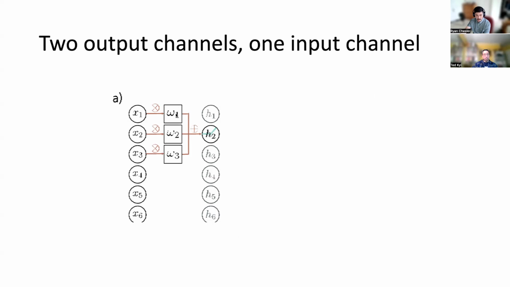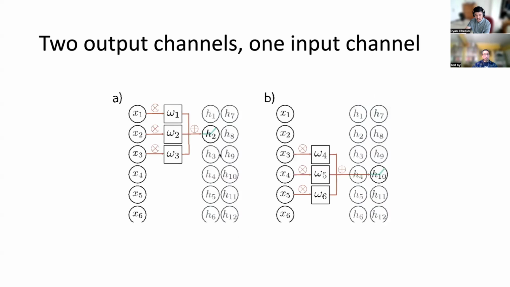So this is what we have right now: we have these 3 weights, and then it goes to a single output. But alternately, we could apply multiple sets of weights to the same input and get multiple outputs out of them. Or we could apply a certain size of matrix so that we get 1 input and 2 outputs at the same time.